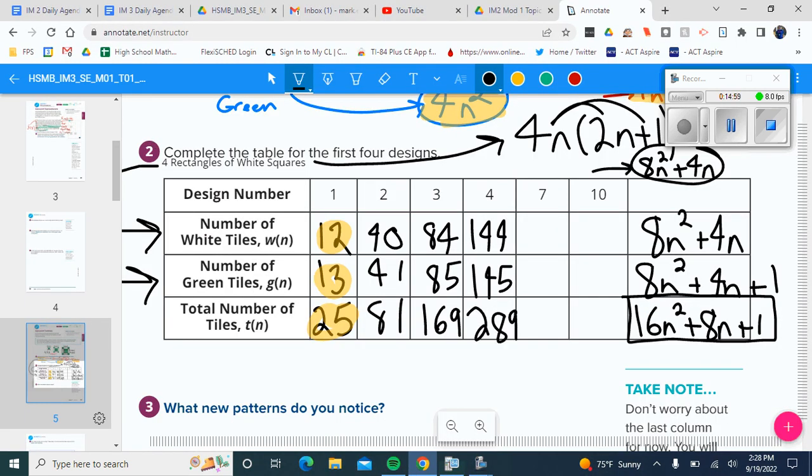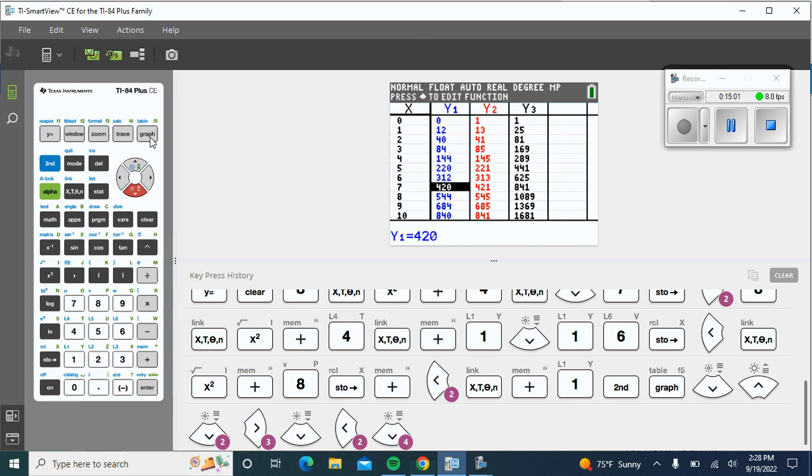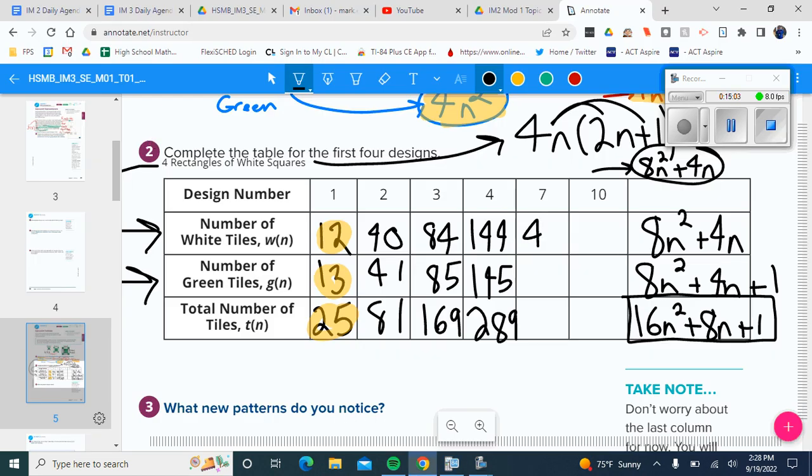Term 7, go to term 7, all the way down there. 420 plus 421 equals 841.